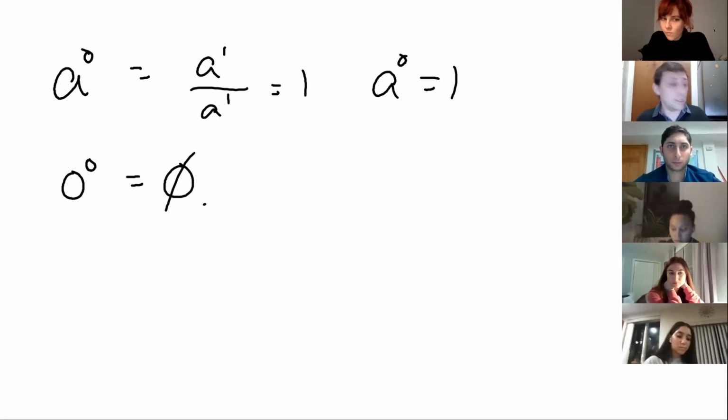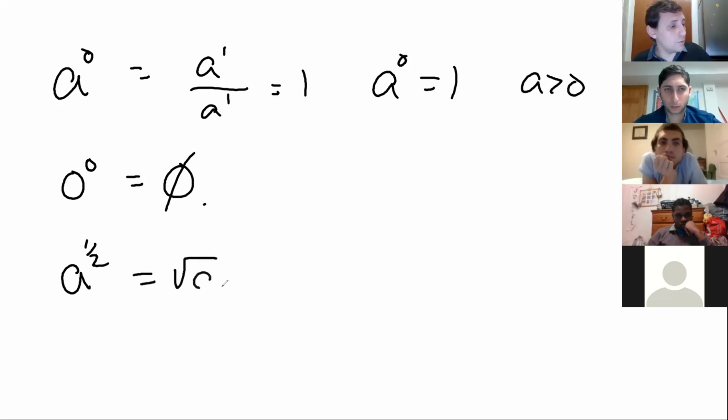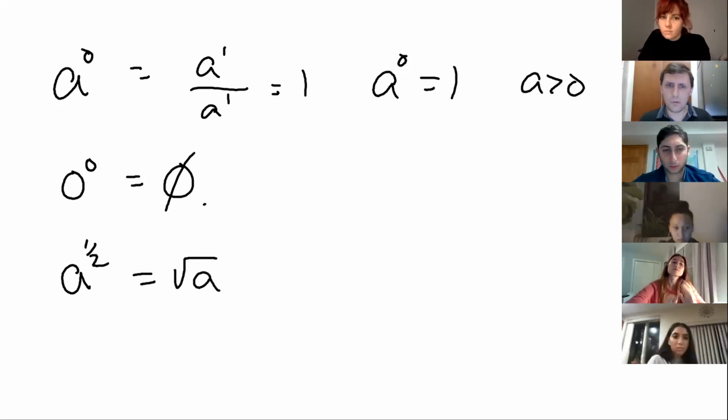Now, another thing, guys, could you tell me why a to the power of 1/2, so we're assuming a here is bigger than 0, why is that the square root of a? Could you tell me that? Why do I use 1/2 as a symbol for square root? Any ideas?